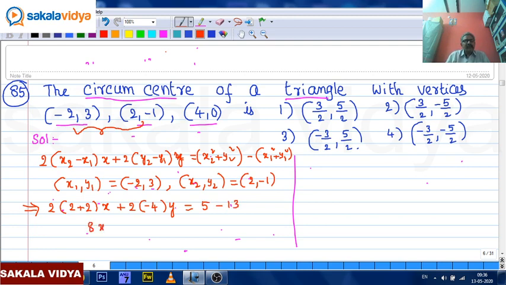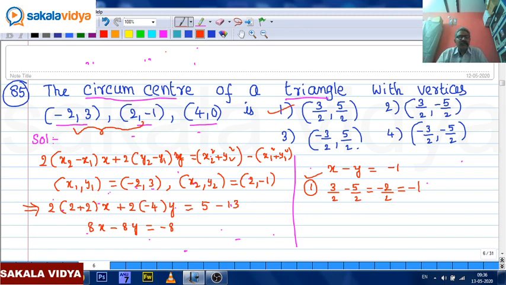So 8x minus 8y equals minus 8, divide by 8, you get x minus y is equal to minus 1. Verify the options. First option, 3 by 2 minus 5 by 2, this will be minus 2 by 2, minus 1. Yes, first option is the right option.